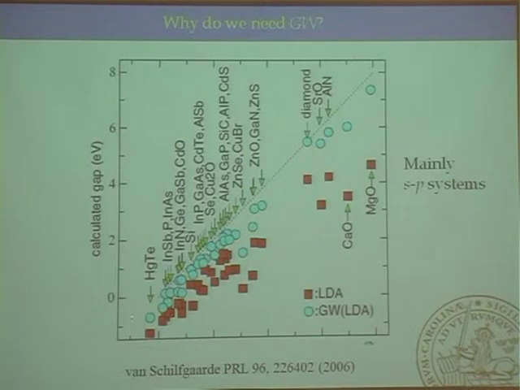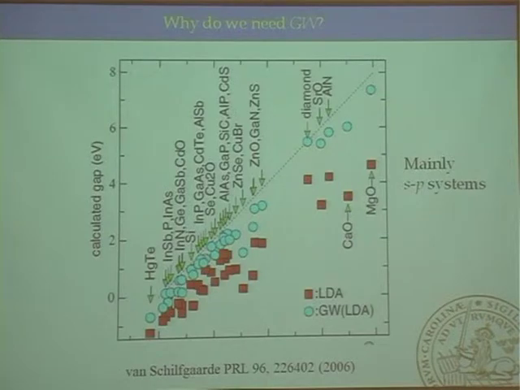If you look at the comparison with the experiment, the experiment is supposed to lie on this straight line. The red one is the LDA, and the blue circles are the GW. You can see a very systematic underestimation of the band gaps with LDA. If you do GW, based on LDA here, and I think this is just a one-shot calculation, you get a much better agreement with experiment.